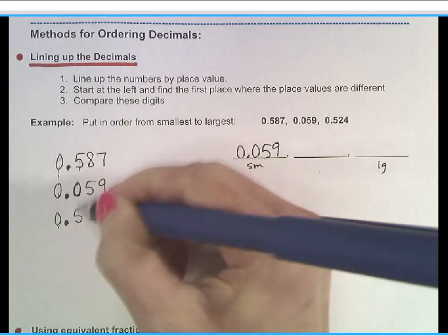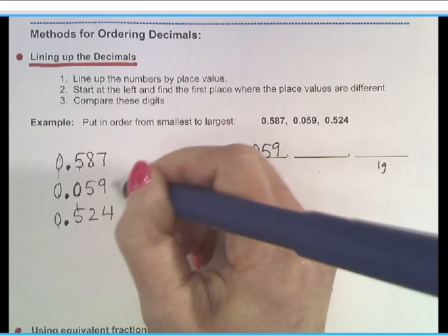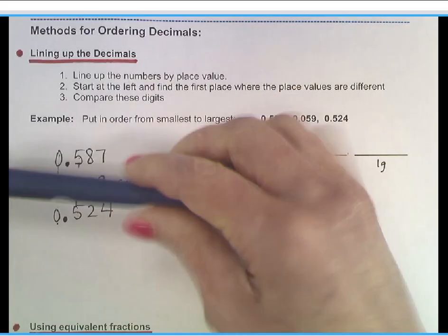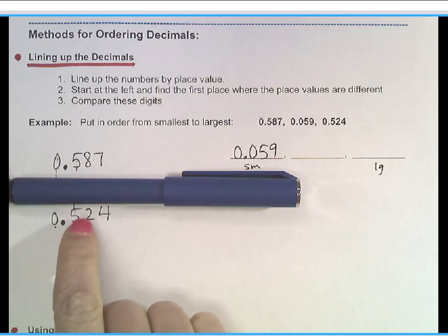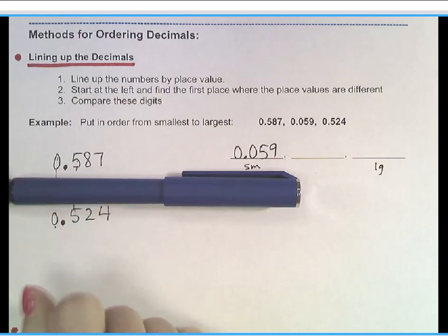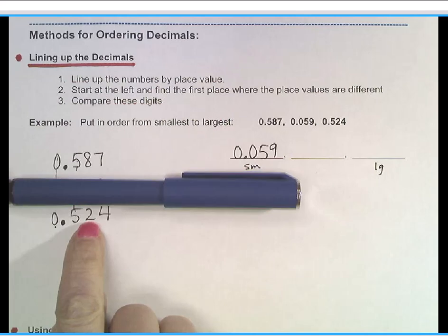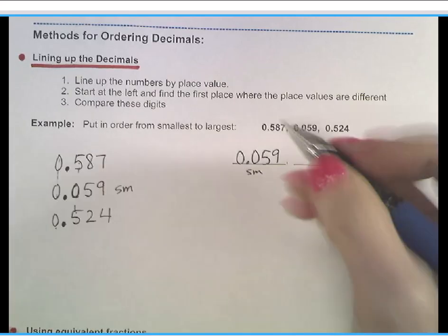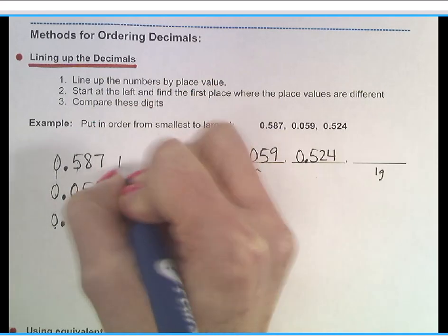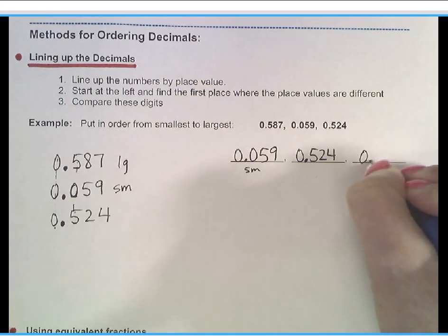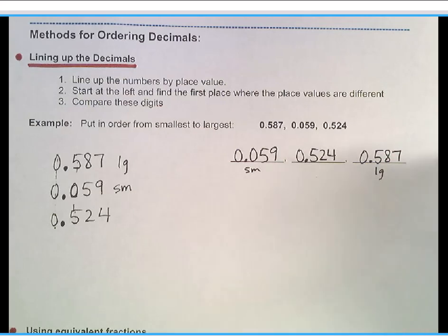And the fives are the same, so the middle one, so he's kind of out of there. Now we've got the fives that match. If you go to the next place value, one's a 2 and one's an 8. So the one that's the 2 is smaller. That's going to be our medium one, 0.524. And then the largest one is going to be the 0.587.